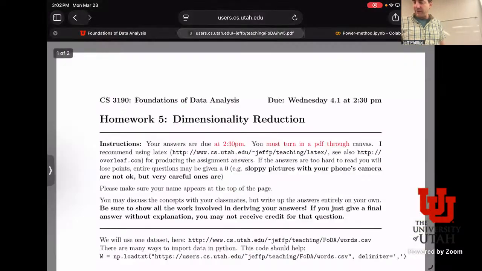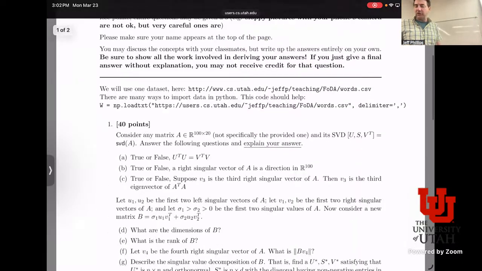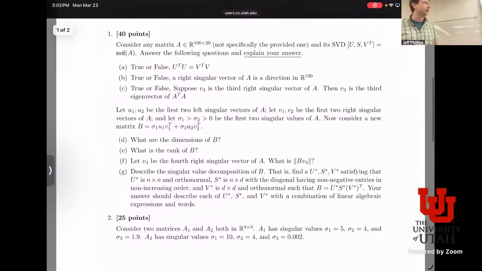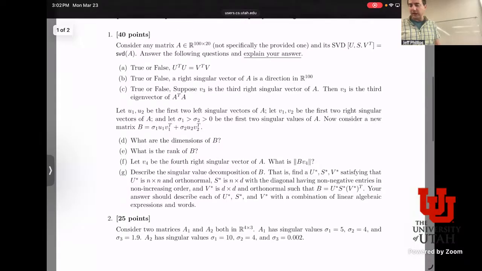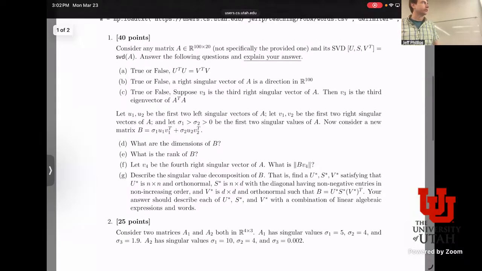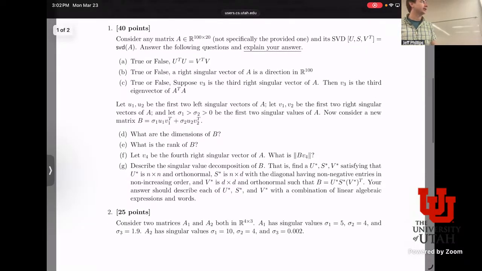So homework 5, I posted early this afternoon. It's due next week, Wednesday. And it's going to be just on dimensionality reduction. The first 2 questions don't ask you to look at any actual data, but force you to think about what's going on with the SVD.